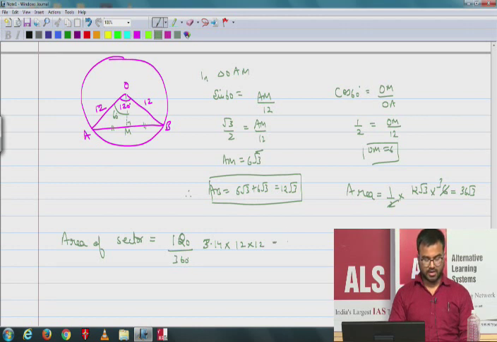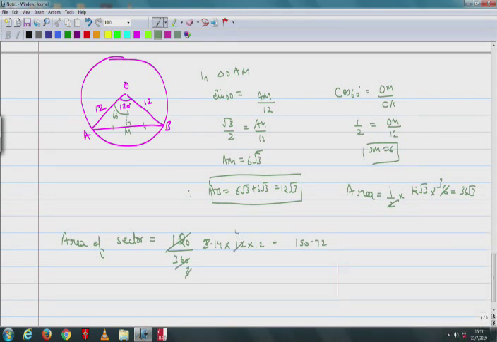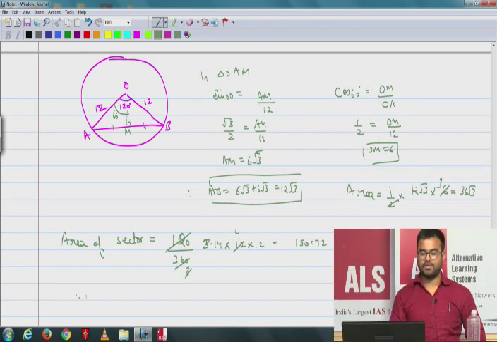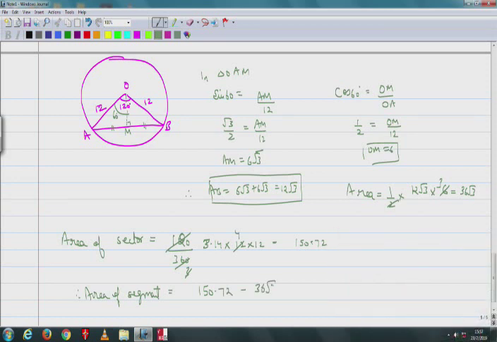So that is all equal to 150.72. If you solve this one, you will get 150.72. This 120 will cancel out 3 times, this will be 4 times, and 48 into 3 is 150.72, that is the area of the sector. Therefore, area for the segment is complete sector minus triangle. So complete sector is 150.72 minus 36 root 3. That is the area for the segment.